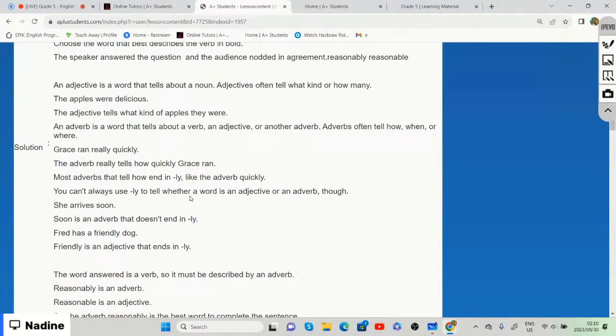And an adverb is a word that tells us about a verb, an adjective, or another adverb. Adverbs often tell us how, when, or where. For example, Grace ran quickly.